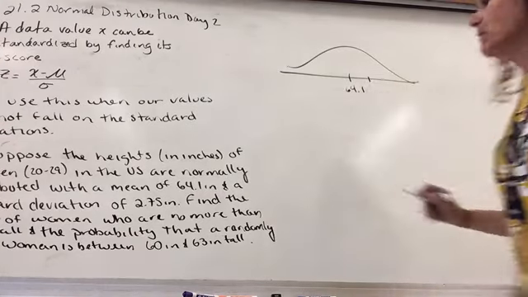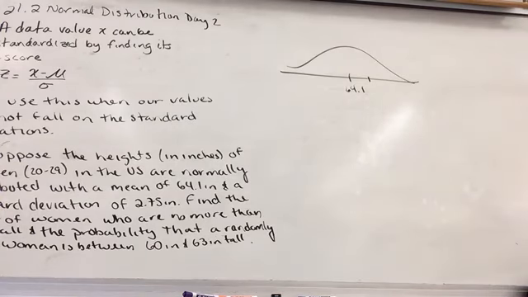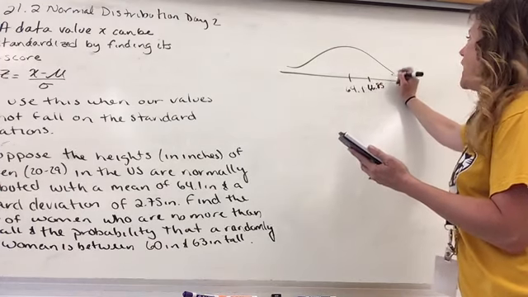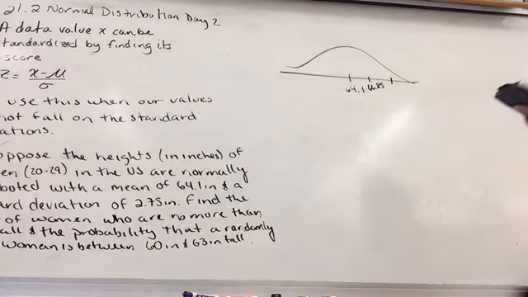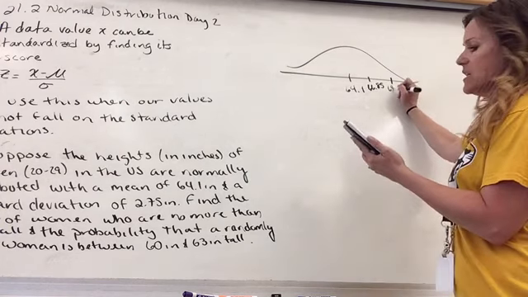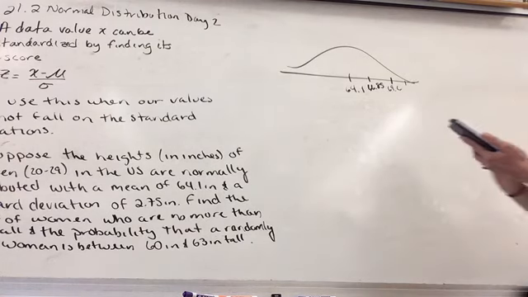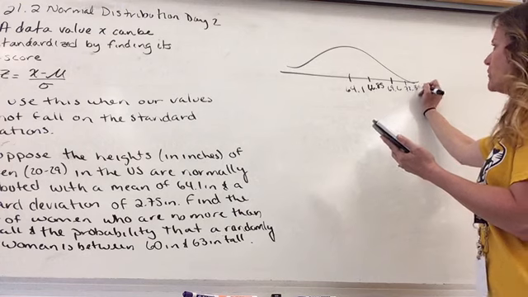If I add the standard deviation to the mean, so 2.75 plus 64.1, I get 66.85. If I add 2.75 again, I get 69.6, and then again, this gives me 72.35.